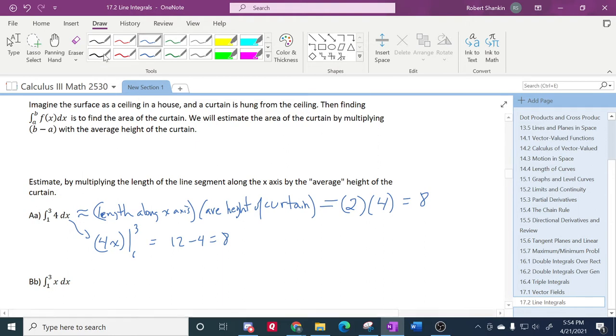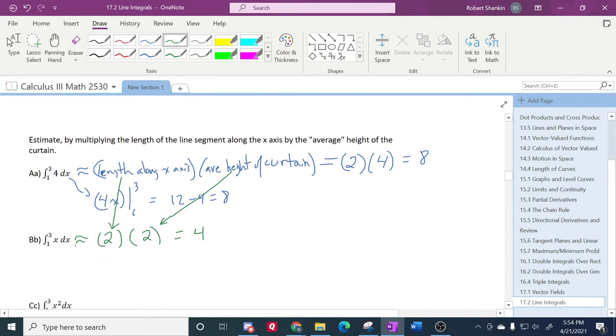And this one, the length along the x-axis is 2, and the average height of the curtain, well, between 1 and 3, the average height would also be 2. So we'd get 4.